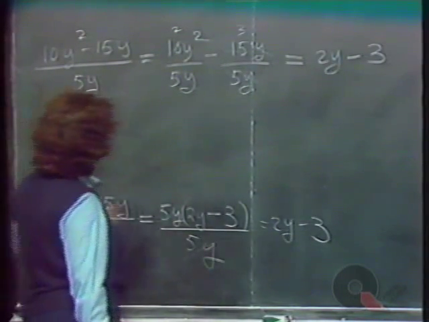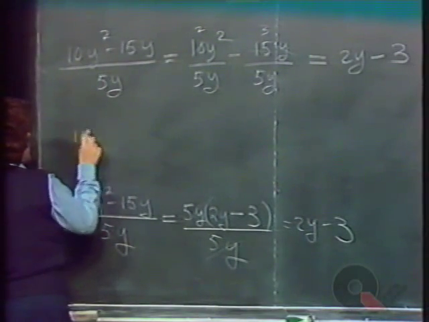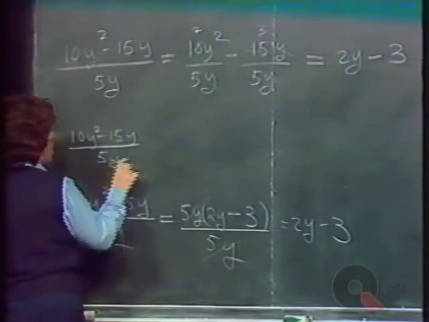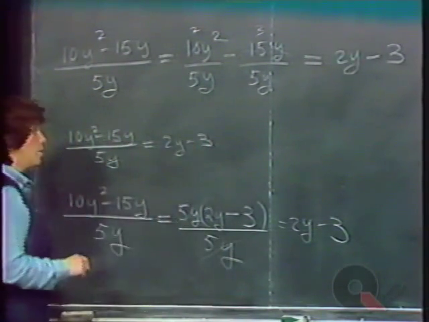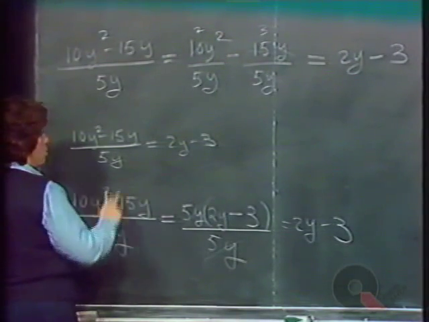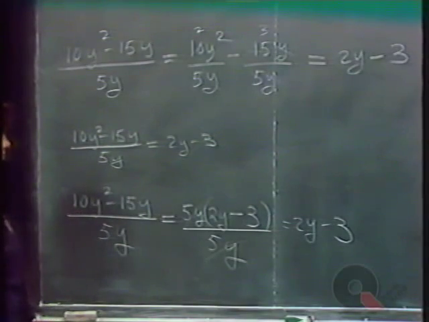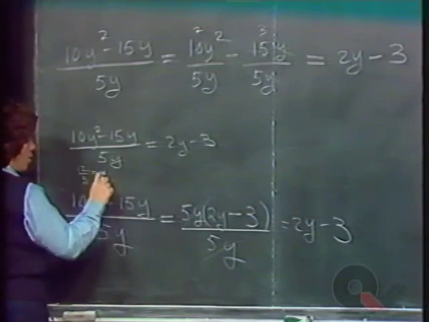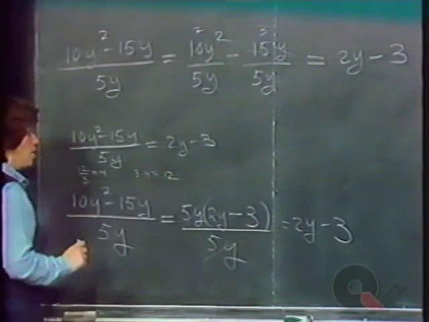By the way, if you're not sure if you have the right answer, remember, in either case, what we have shown is that 10y squared minus 15y over 5y is 2y minus 3. We think that that's correct. Well, if it is correct, you should be able to multiply 5y times 2y minus 3 and get 10y squared minus 15y to check it. In other words, if 12 divided by 3 is 4, it is also true, cross-multiplying, that 3 times 4 is 12, and that's what we've done here.